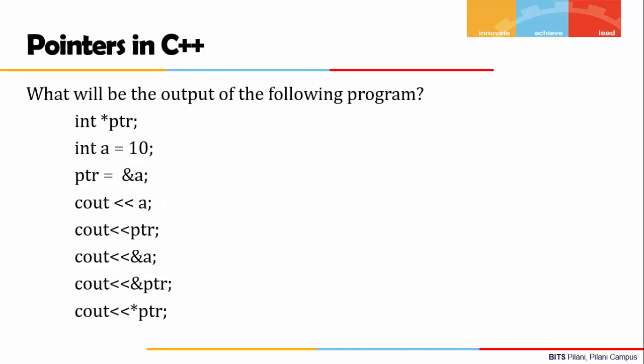Now, we'll come to something interesting, pointers. C++ pointers are important to learn. Some tasks like dynamic memory allocation can only be done using pointers. To understand pointers, you should have knowledge of addresses in computer memory.